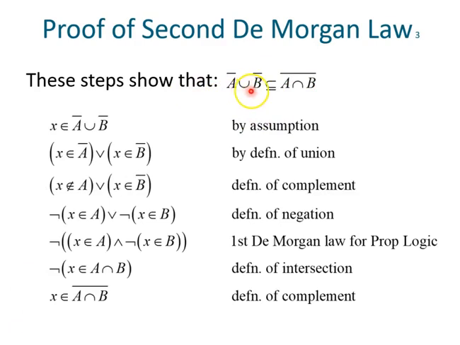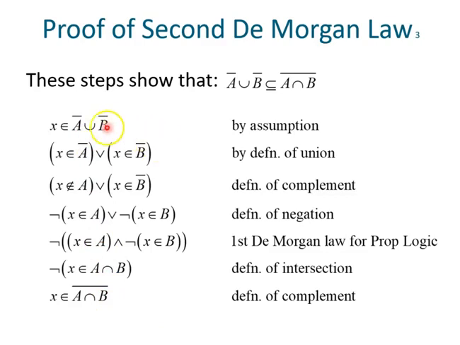Now we have to prove that the second set is a subset of the first set. We start with selecting any x in the union of A bar and B bar, and we have to prove that this x belongs to the other set, which is the complement of the intersection of A and B. And this is done similarly to what we did in the previous slide.